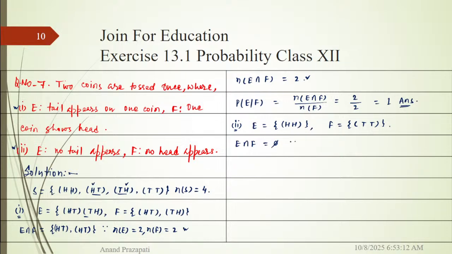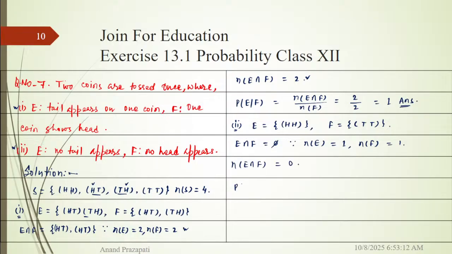So we write down here number of E equal to 1, number of F equal to 1, and number of E intersection F equal to 0.